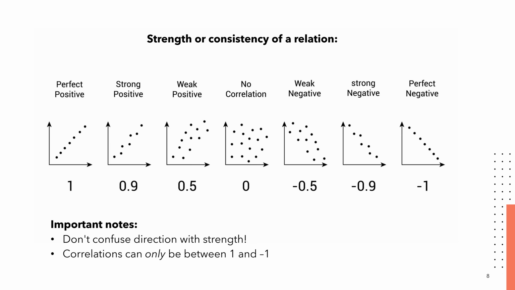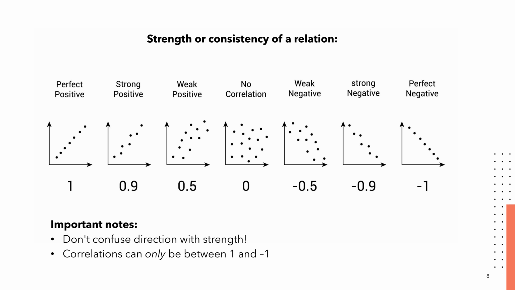We also have to consider the strength or consistency of a relation. Correlations are measured on a scale from 1 to -1, where either end of the scale is a perfectly straight line. A correlation of 1 or -1 is really rare in research, and a correlation of 0 means that there is no relation at all.